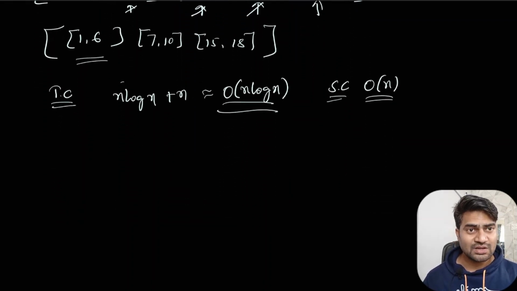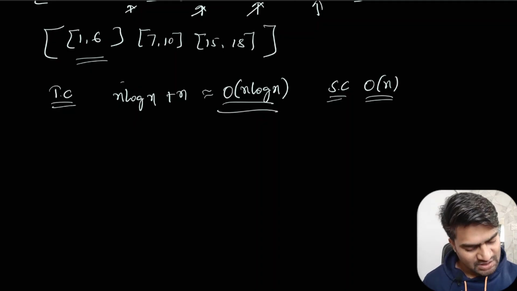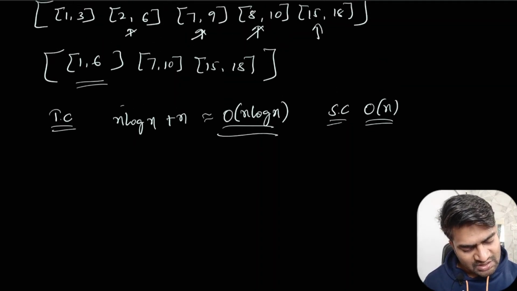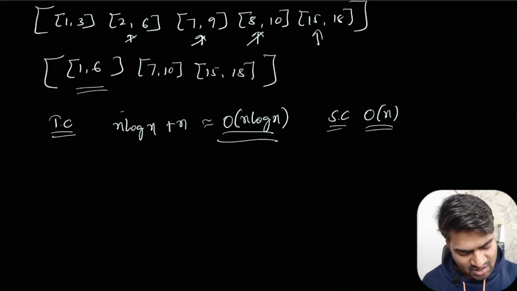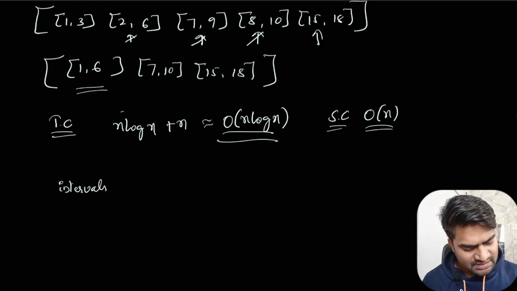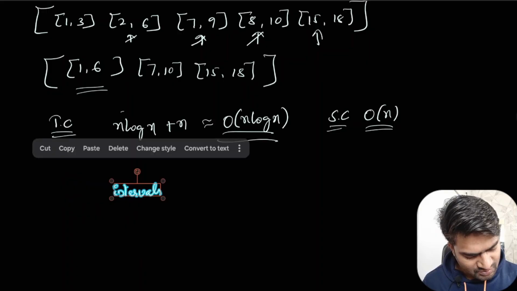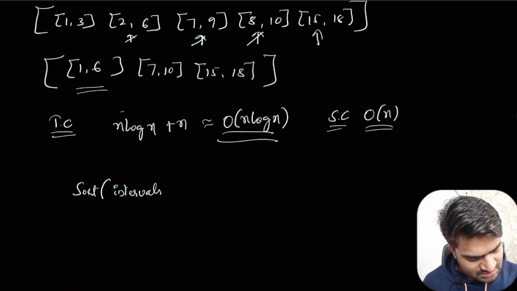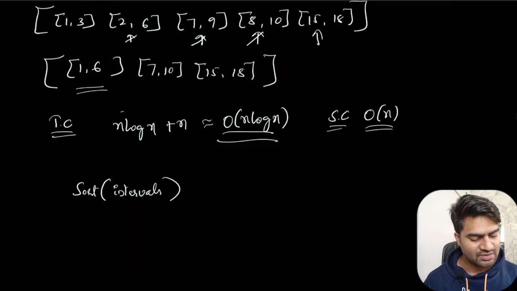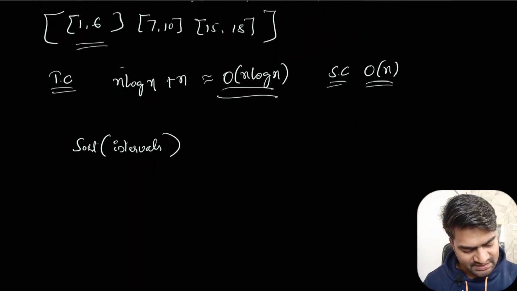Let us try to look into the pseudo code. What all do we need? First we need to sort. So I will say sort intervals by first element. This we will see in the code, how exactly we do that.